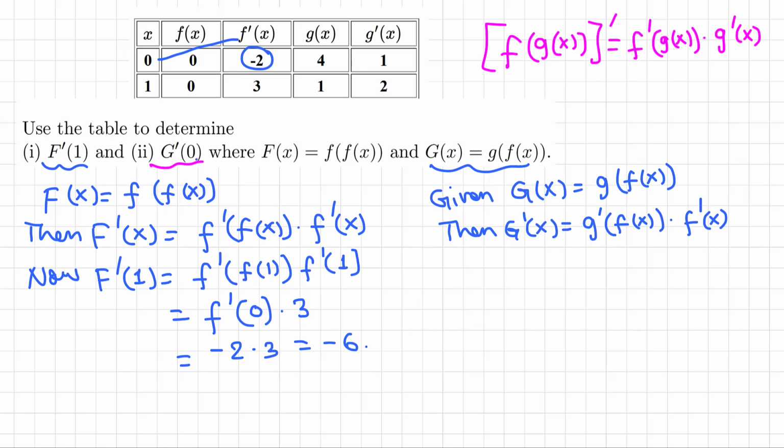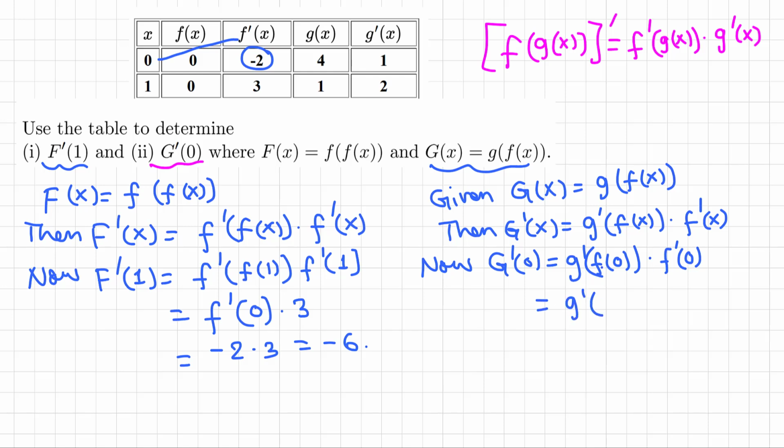Now we need to evaluate at 0. G prime 0 means replace x throughout by 0. So g prime of f of 0 times f prime of 0. So this is a two-step problem.